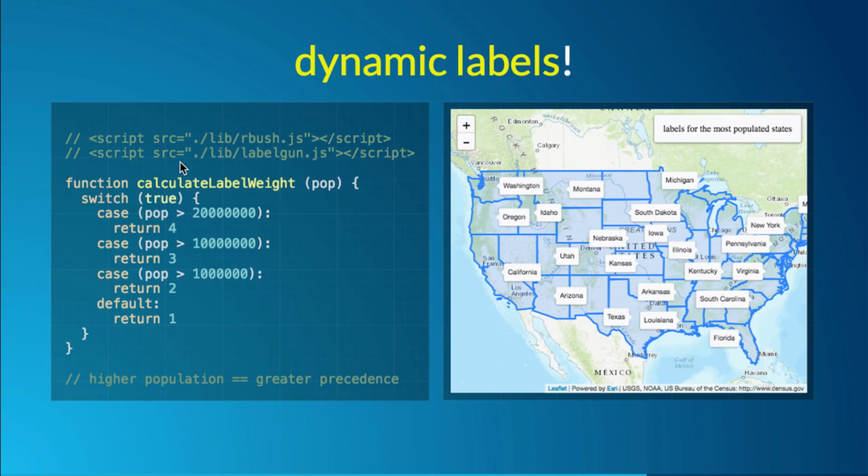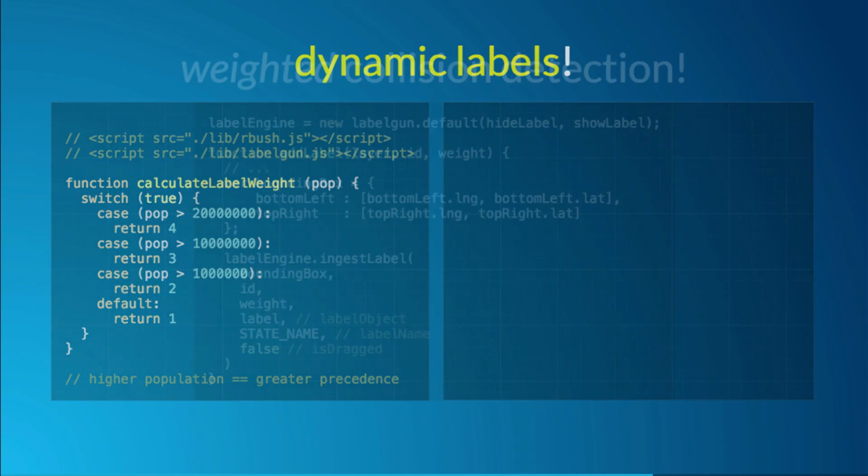So this is a code sample. This is using Esri Leaflet. In Leaflet, we've got LabelGun, and LabelGun depends on RBush, which is a quad tree index JavaScript implementation. Here's a function where we define that arbitrary rank. So if the population's greater than 20 million, that gives you the highest rank and the most likely to get labeled.